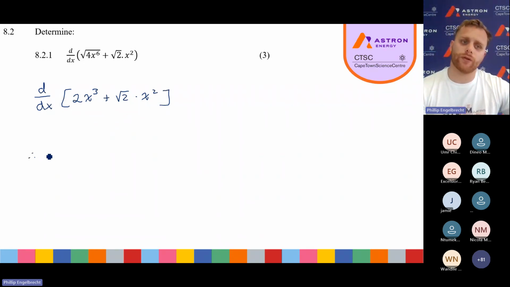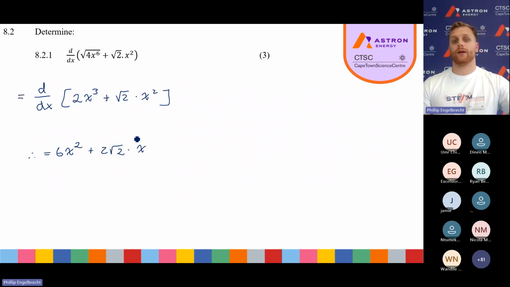So therefore, the first derivative is equal to, this becomes 2 times 3 is 6, x to the power of 3 minus 1, which is squared. Plus 2 times the square root of 2 is 2 square root 2 multiplied by x to the power of 2 minus 1, which is 1. And there we go. There is your solution. All right. That's the first one.